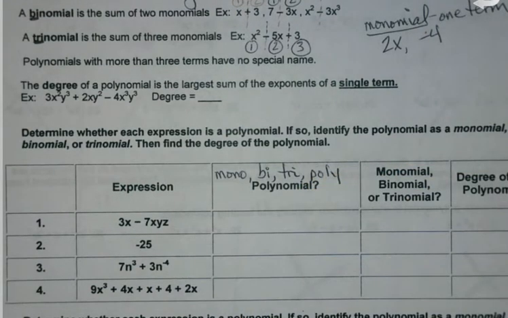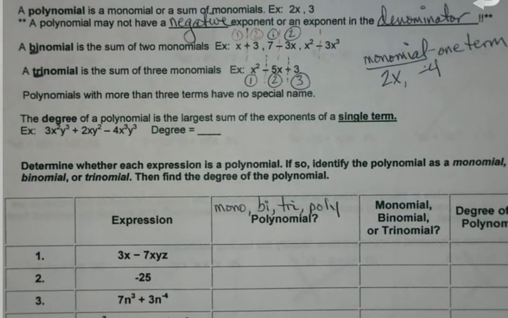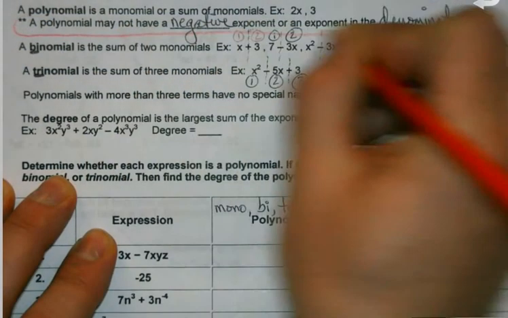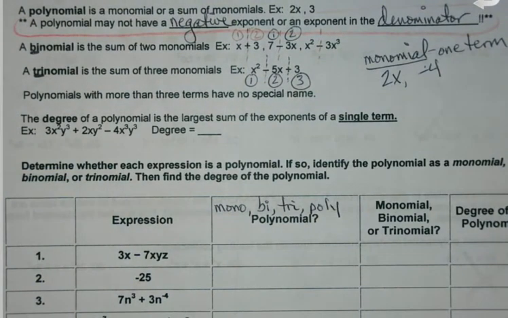And that's all I'm really thinking about when it comes to this part. But the one thing I do need to do before I start figuring out which type it is, is always run it through this test and make sure that neither of these things are occurring: that I have a negative exponent or an exponent in the denominator. Because if either of those things happen, I don't even have to do the rest of it.